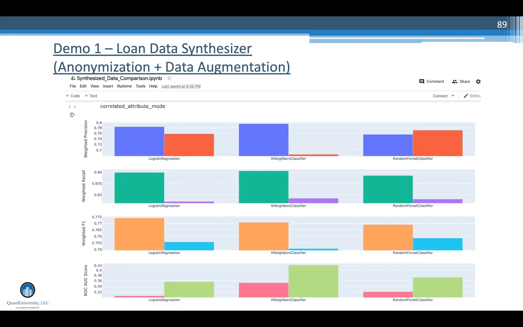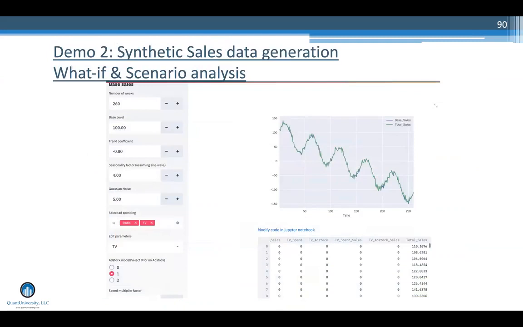The second example is a synthetic sales data generation tool. So this could be if you're a fundamental analyst and you're expecting certain businesses to be cyclical, and now you are looking at a Macy's or a Best Buy or any other retail store, if you will, and now you have to factor in what kind of trends you can expect in terms of sales.